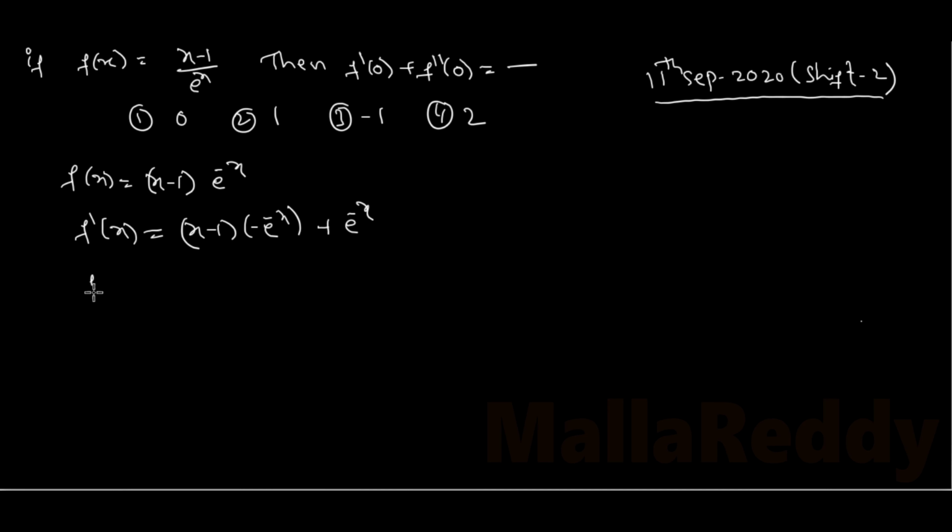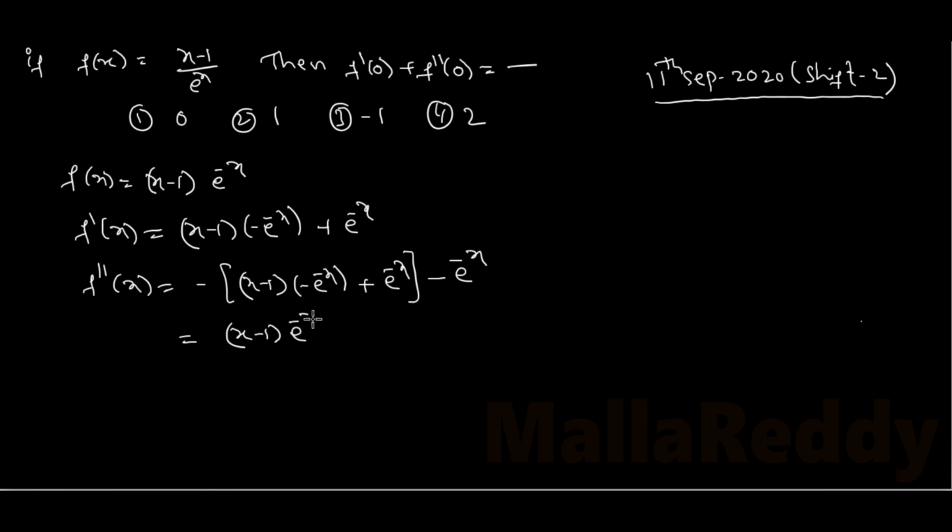So now we take the second derivative, that is f double dash x is equal to minus of (x minus 1) into derivative of e power minus x, that is minus e power minus x, plus e power minus x into derivative of (x minus 1), which is 1, plus derivative of e power minus x, that is equal to minus e power minus x. So multiplying by minus, minus into minus is plus, that is (x minus 1) into e power minus x minus e power minus x minus e to the power of minus x.